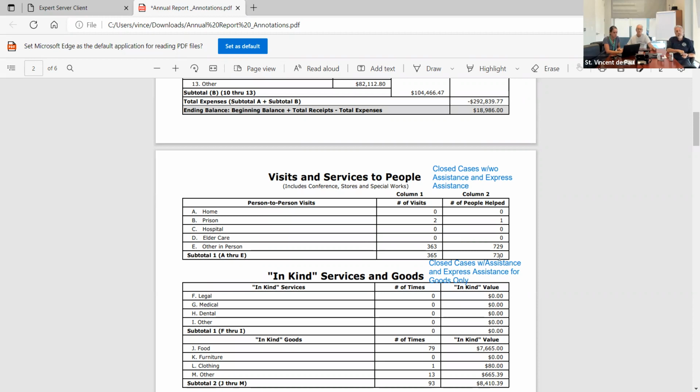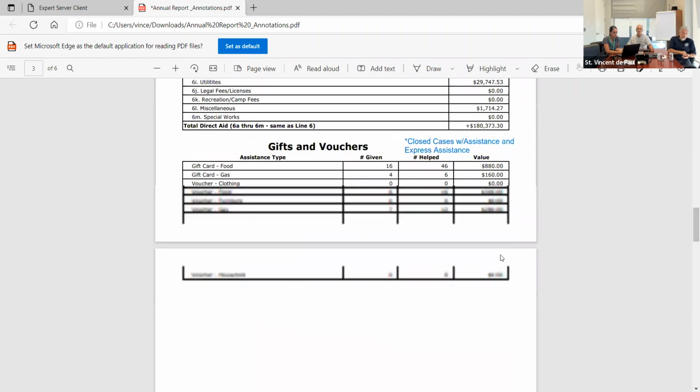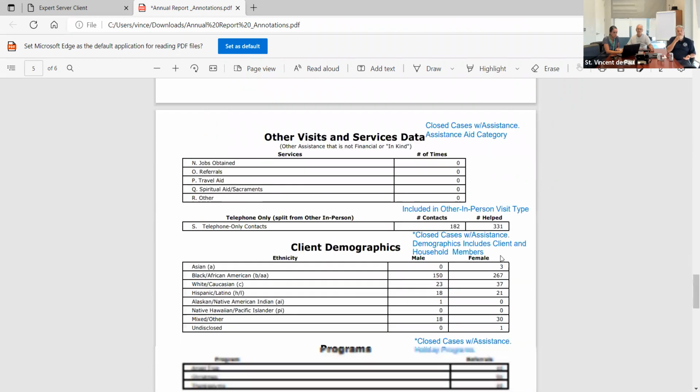I know most of you, and we certainly did too, especially during the pandemic, have a lot of telephone contacts and very few home/other in-person visit types. And I'm sure we still got a lot of them. So if you see this number here, it's just sort of like a memo item.